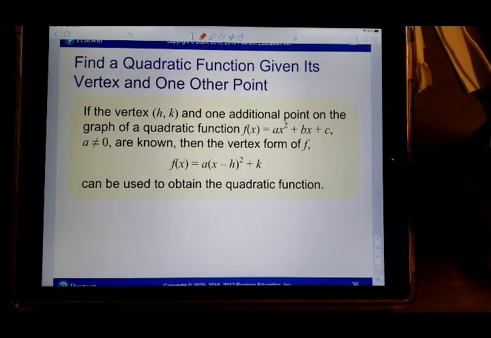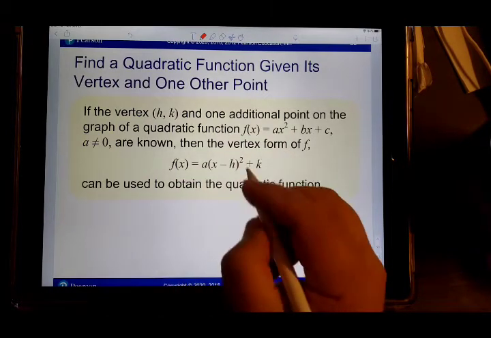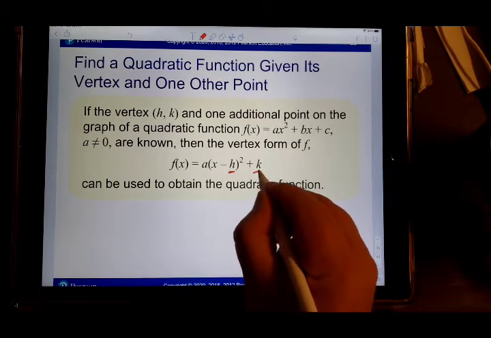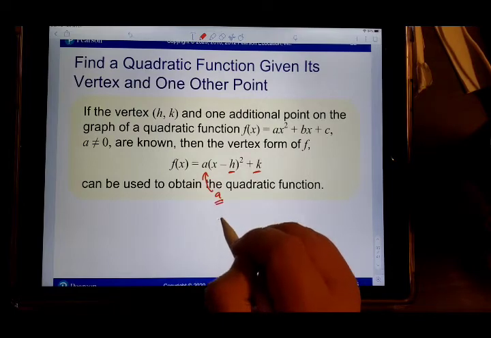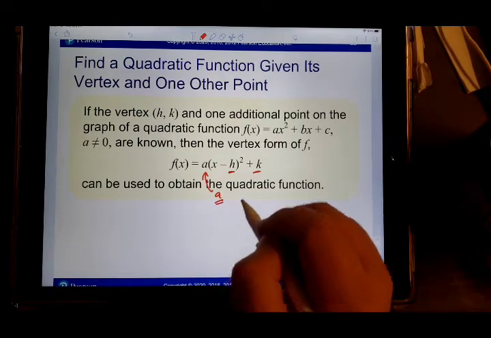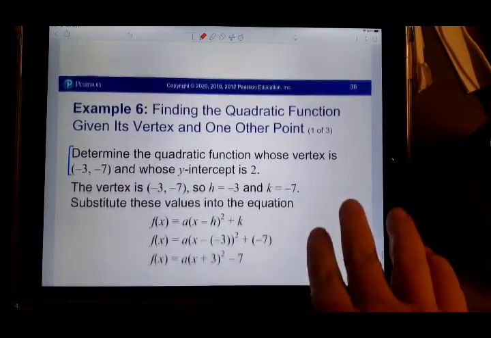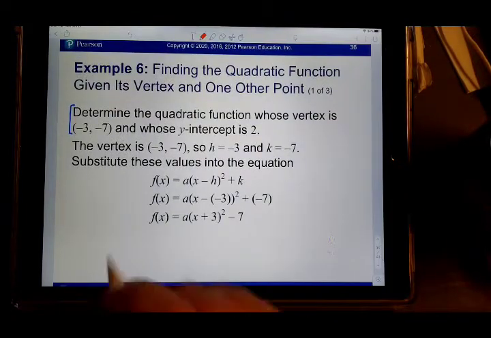All right, something you're asked to do on more than one occasion on the homework is something like this. You're going to be given the vertex and one other point, and you want to find the equation of the graph. If you're given the vertex, you're essentially given h and k, but you're not given a. And that's going to be the missing piece in this calculation. So here it is.